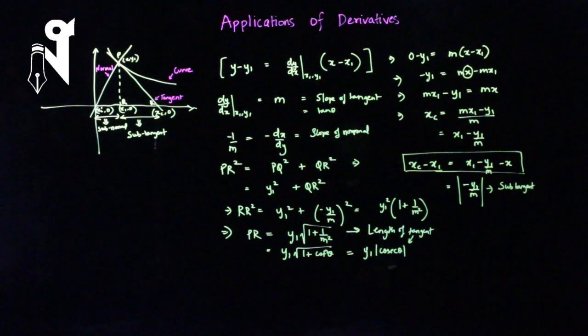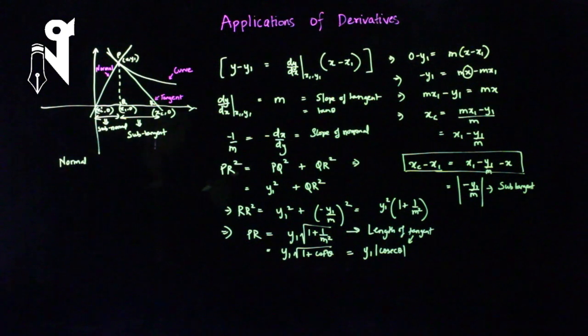Now, since I've used variable m right from the beginning, instead of dy by dx, if this m or slope of tangent I replaced with slope of normal and did the exact same set of steps, I basically get my length of normal and length of subnormal. So let's derive that.